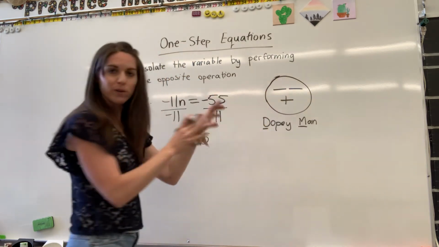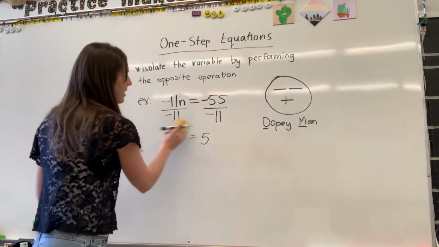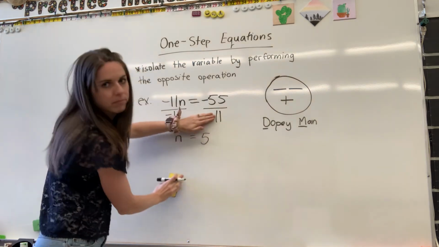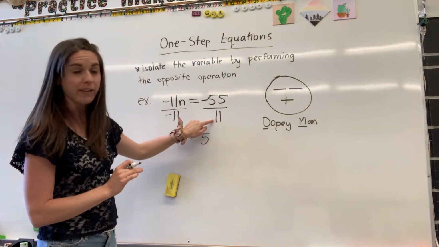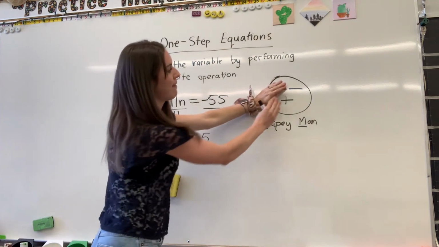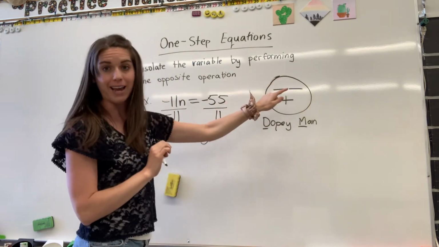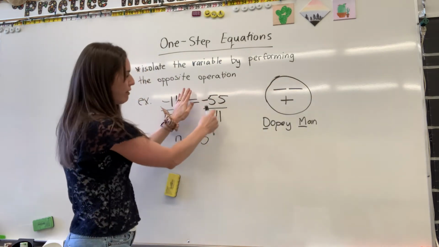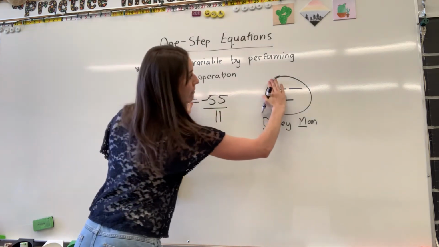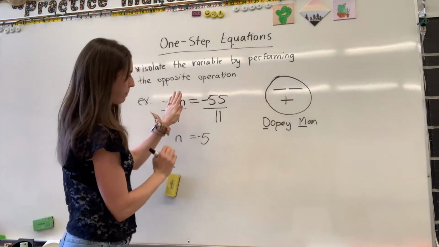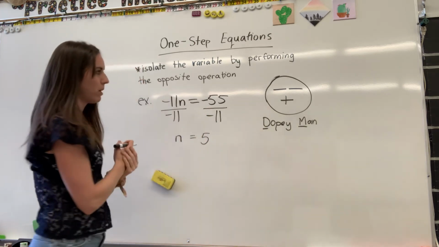Just to show you how this Dopey Man works in another scenario, if I was dividing by just, say, 11, just bear with me, this isn't accurate, but if I was dividing negative 55 just by 11, I would cover up one negative and one positive then, and then my answer would be negative. Does that make sense? So negative 55 divided by 11 would be negative 5, right? If I covered those two up, I'm left with a negative, okay? That's how the Dopey Man works. But we know our answer is positive here.